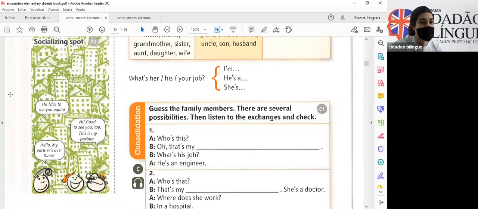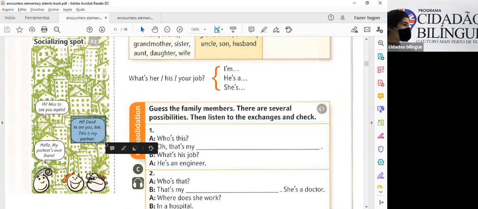We have our socializing spot, right? Today, I want Elizabeth to be this person, this little person in the corner, and Mariana, you are going to be this one. So we are going to read them together. You can start, Elizabeth.